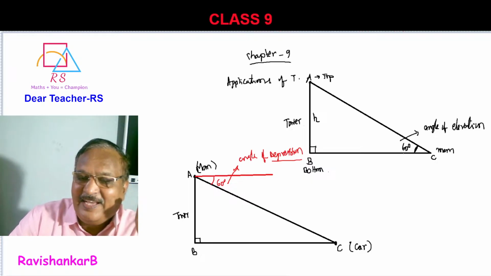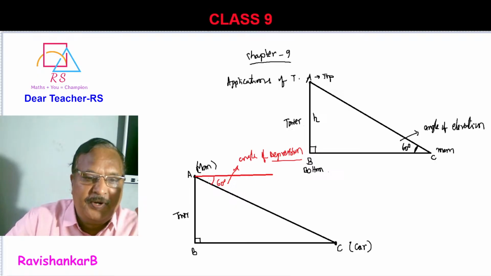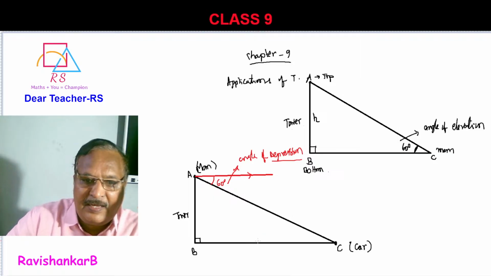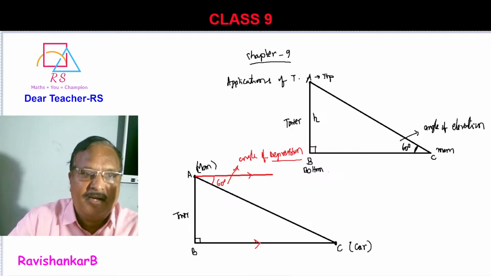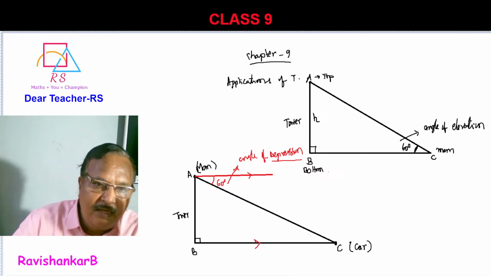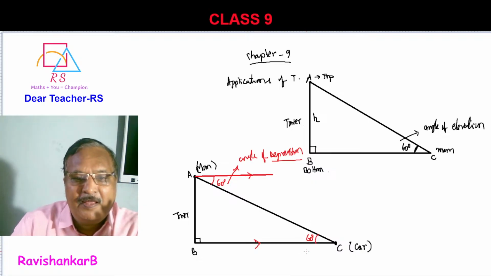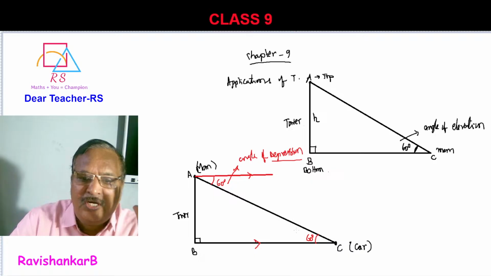If the angle is above the horizontal, we call it angle of elevation. The horizontal is always parallel to the ground base, so the line of observation works as a transversal, and this angle will automatically be 60 degrees, alternate interior angles. But you have to show and write 60 degrees.